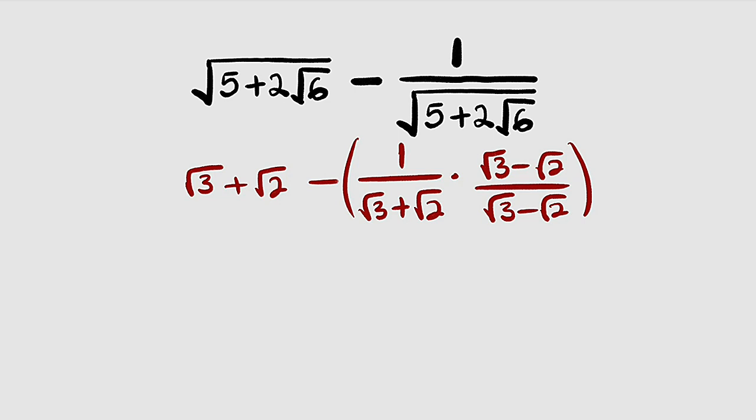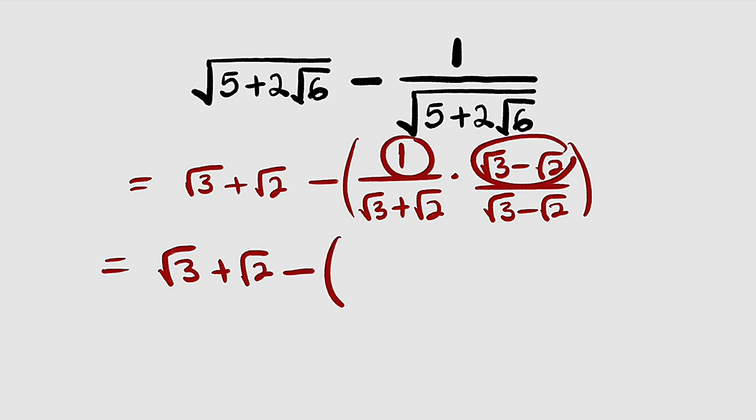You see the denominator and numerator are the same thing, so it's like we are multiplying by 1. It doesn't change anything. So we have √3 + √2 minus the whole of this. 1 times this will give us √3 − √2, divided by the bottom.